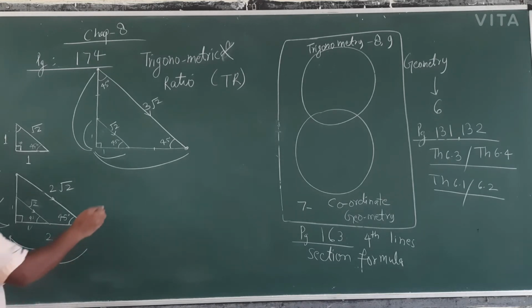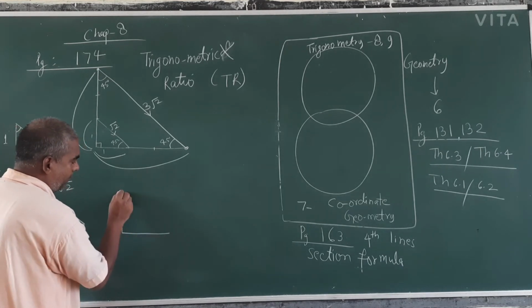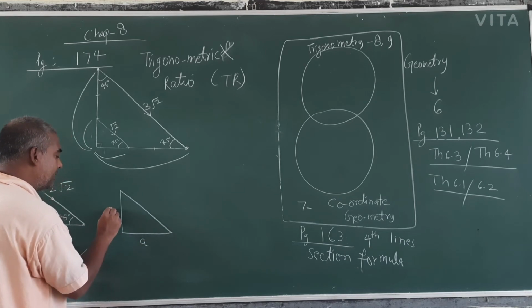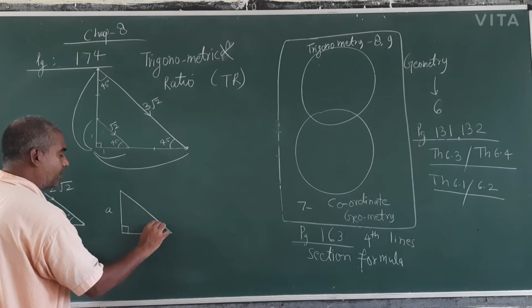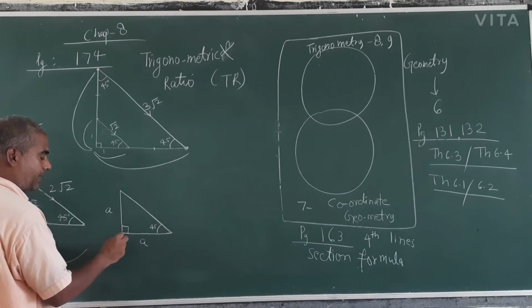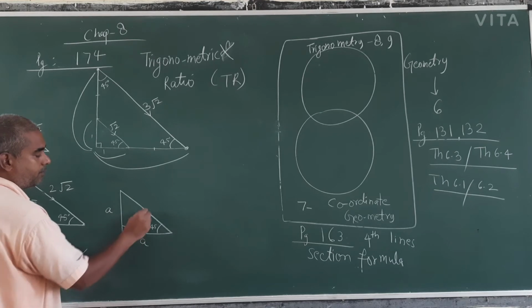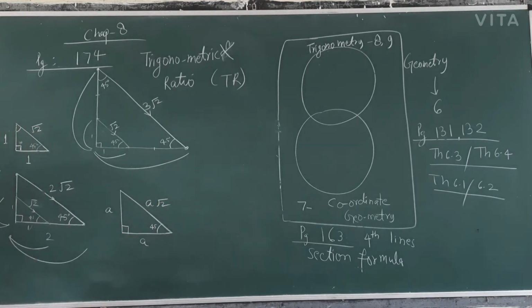So that's why a formula in algebra will enter here. If this is A and this is A, this is 90 degree, this is 45 degree, then with Pythagoras theorem you will get A and A root 2.